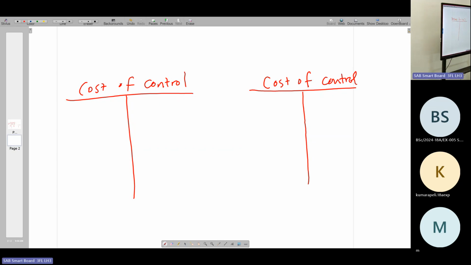Right. Now, what is the investment? 429. Double entry: cost of control debit, investment credit, 429.